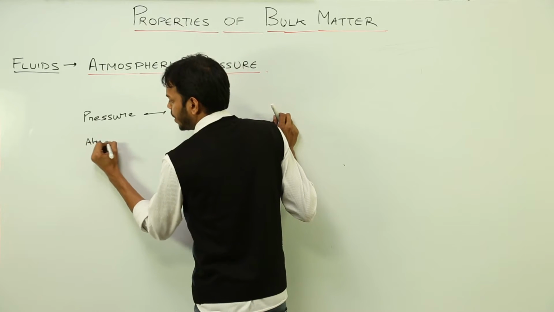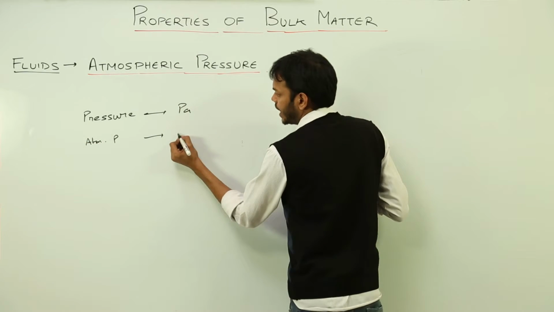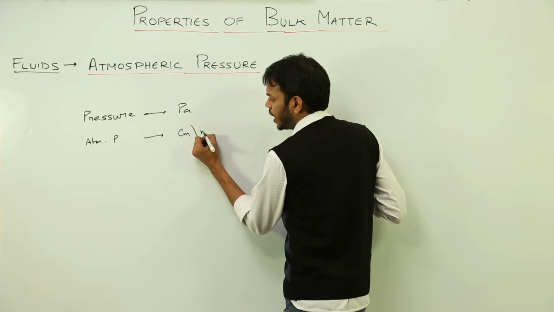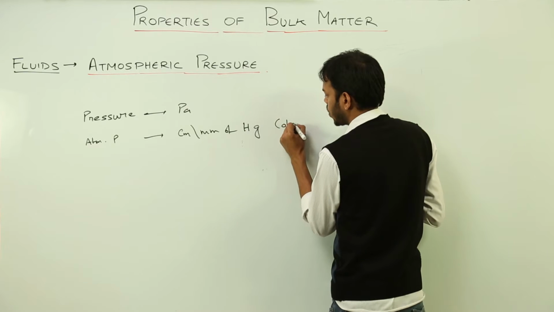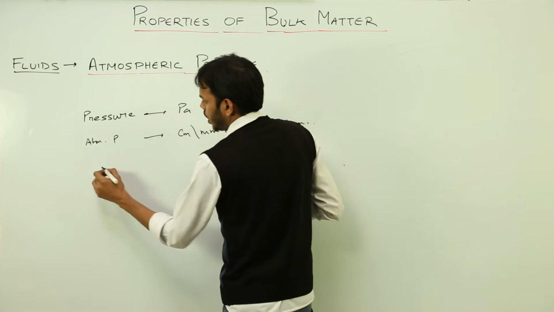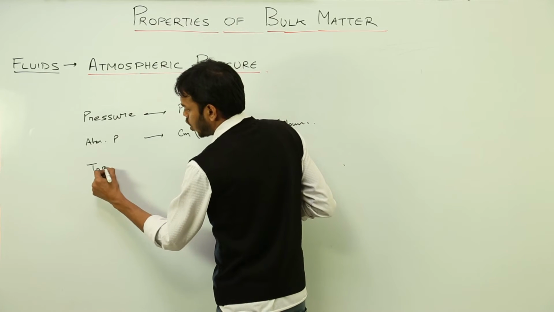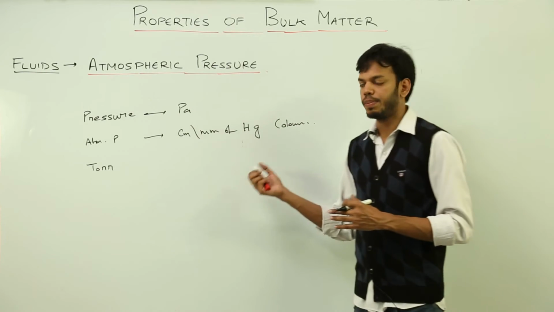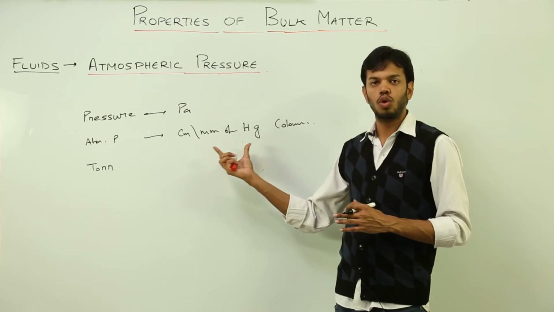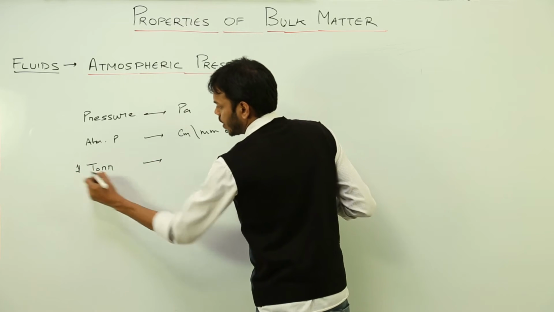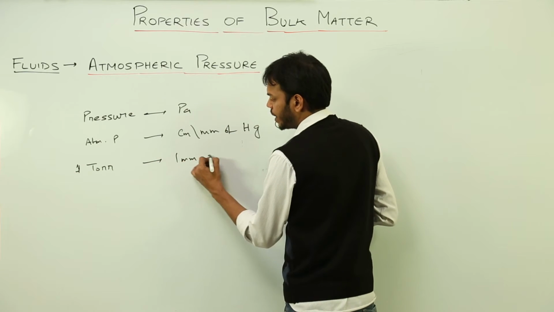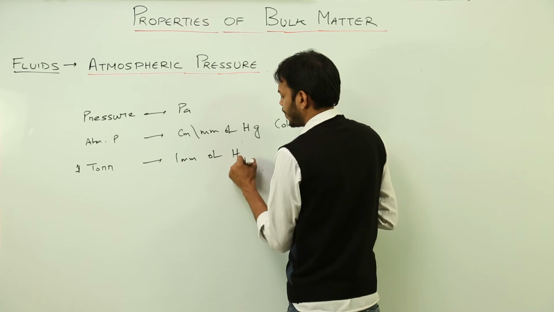Then atmospheric pressure is measured in either centimeters or millimeters of mercury column. Now torr is also used to quote values like this. So torr is 1 millimeter of mercury.